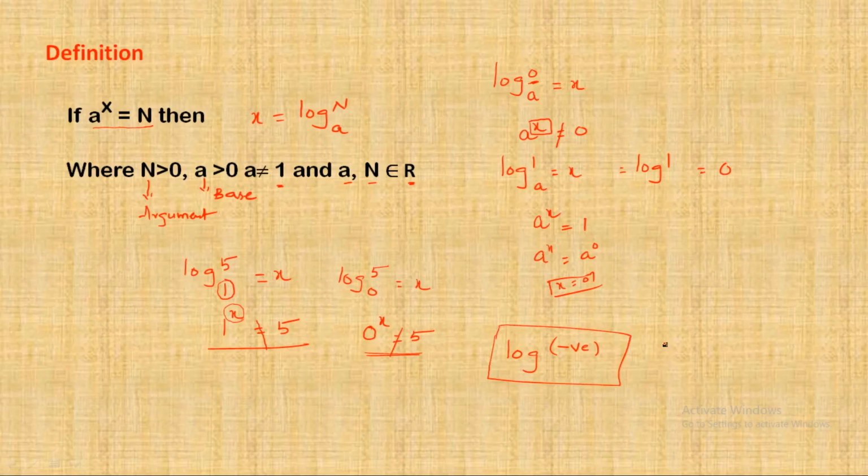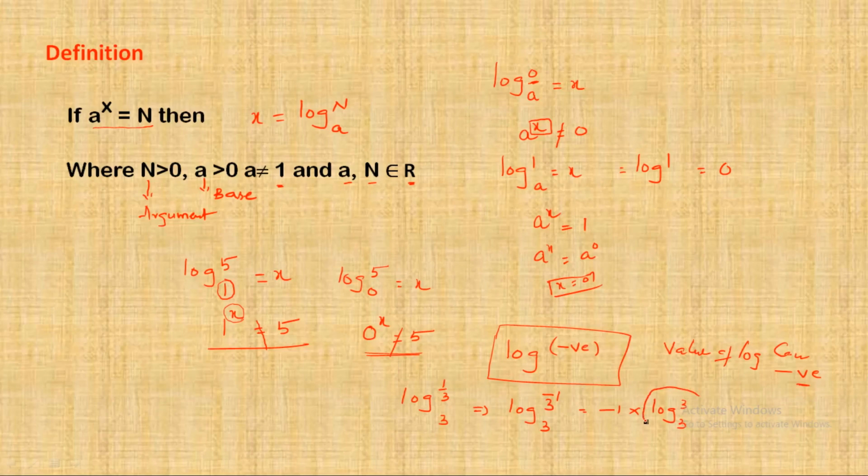But the value can become negative. Value of log can be negative. We'll take one example for this one. If I take logarithm of 1 by 3 to the base 3, then I will rewrite it as logarithm of 3 power minus 1, using laws of exponents onto the same base, and this power of the argument will come forward and becomes minus 1 times logarithm of 3 to the base 3.